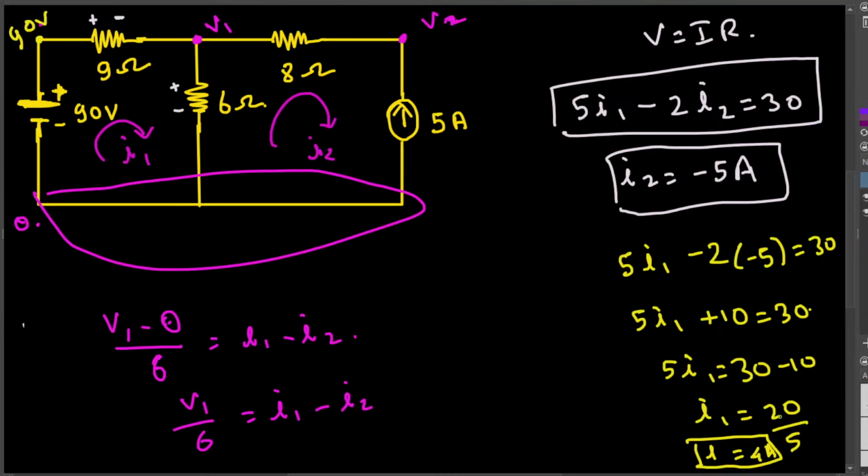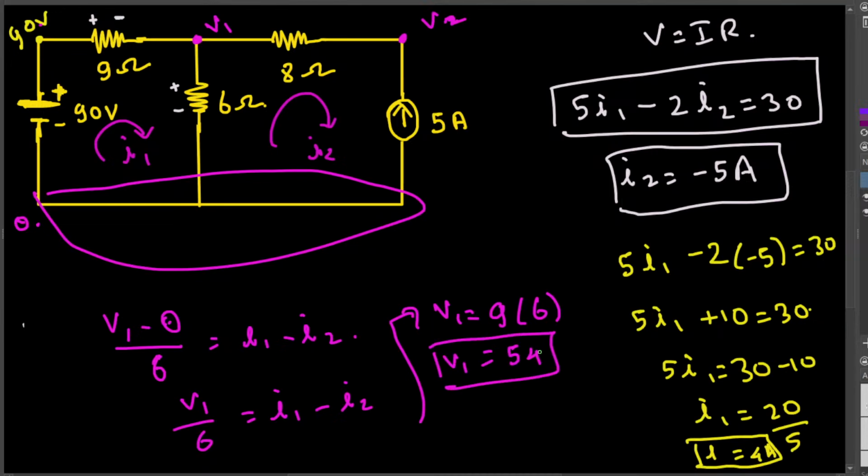I1 is 4, minus negative 5, that's 4 plus 5, that's 9. So V1 is equal to 9 times 6. 9 times 6 is 54. So V1 is 54 volts right here.